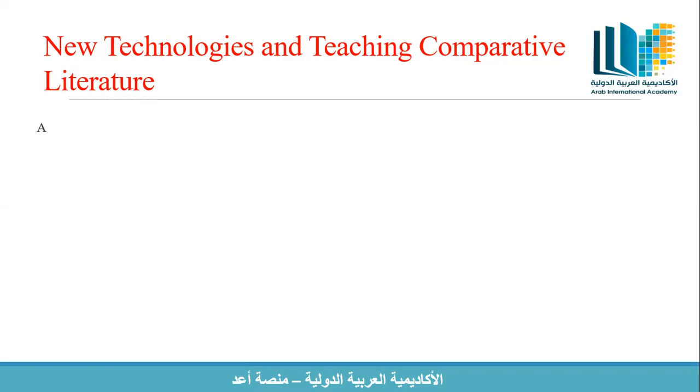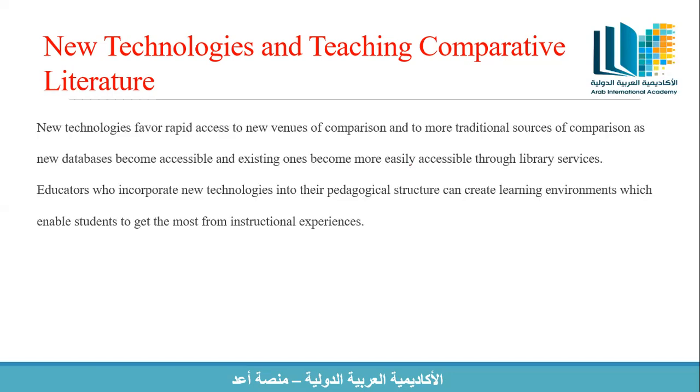So as you can see, comparative literature can be taught in advanced ways. We can use technology like iPads, computers, and the internet in order to teach students comparative literature. New technologies have made a great jump in improving students' levels, especially in teaching and learning comparative literature.